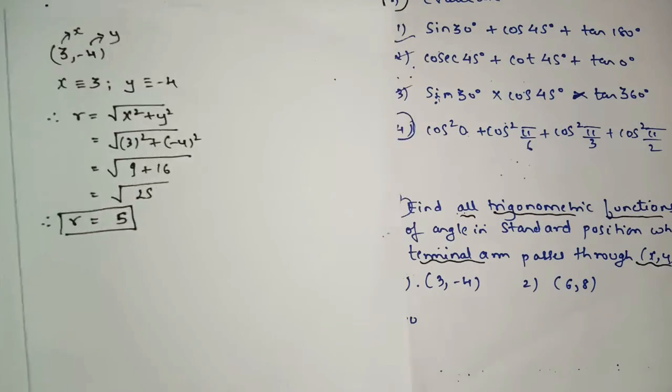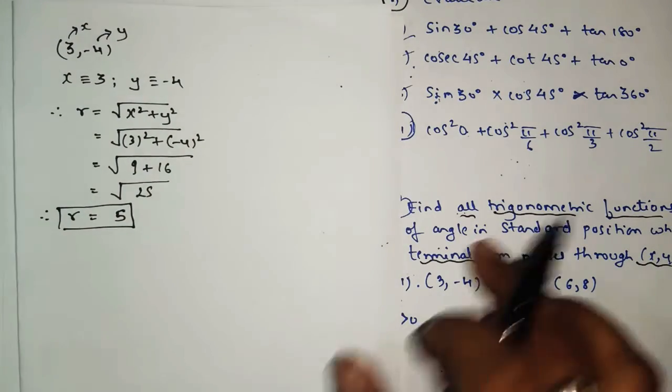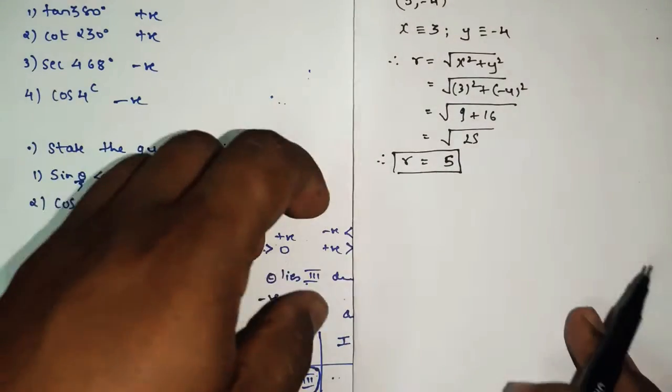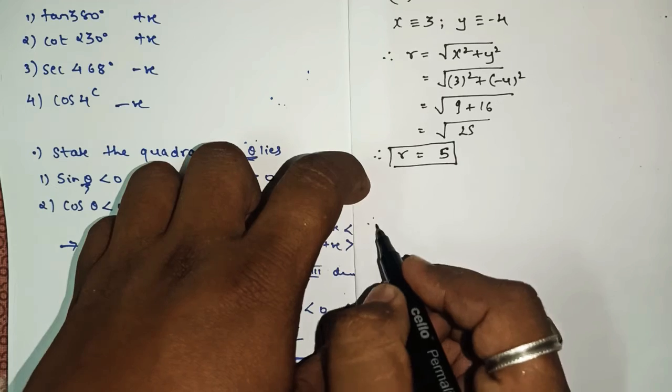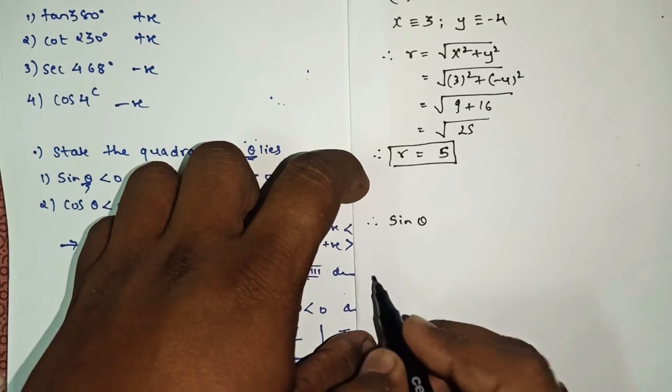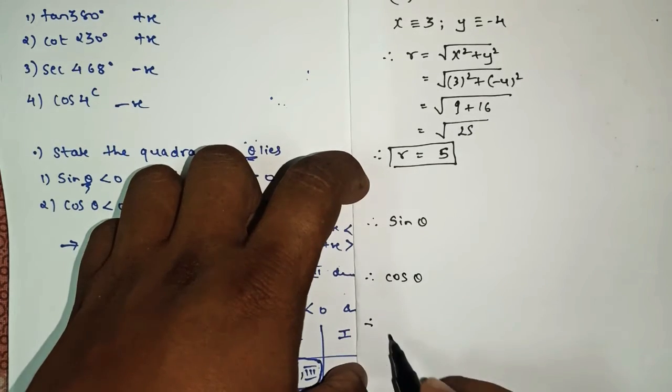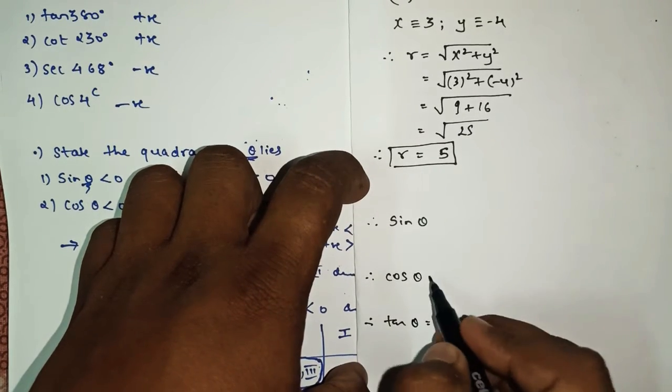But here in this question we have to find all the trigonometric ratios. So first we'll write sine theta, then cos theta, then tan theta.